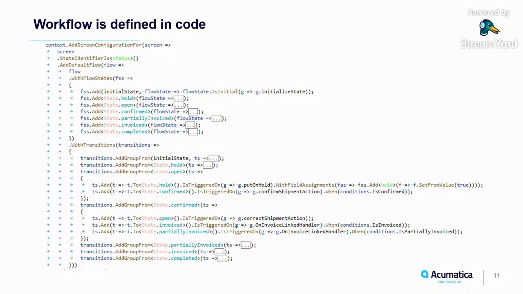So if you take a look at this code here, the workflow is defined in code. I'm not sure how many of you are steeped in C#, but what you'll see here is it's very clean and very well organized, the state engine.